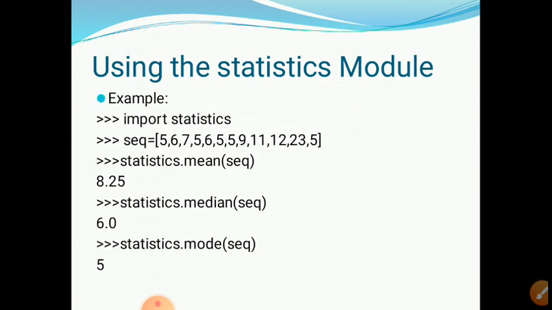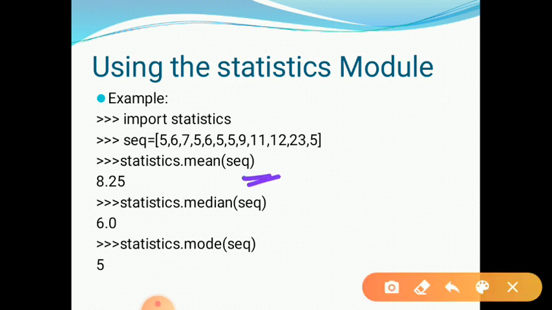So look at the example. In the program, the first statement is import statistics. Then we pass one sequence, in which we give a number of elements. Then we use statistics.mean and pass that sequence as the argument, so it returns the average value of the given sequence.